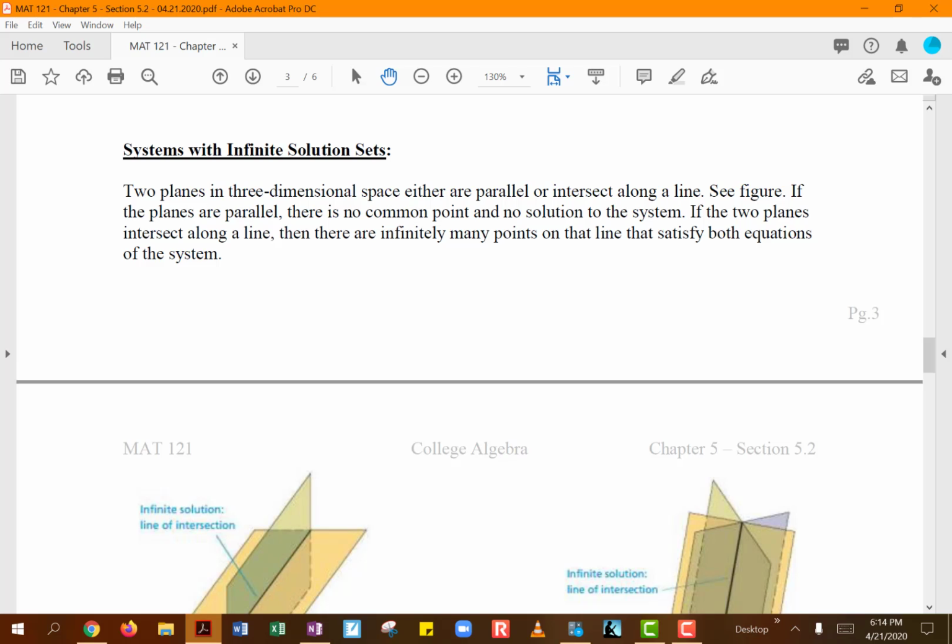Since these are planes, and not lines, or like I said, think of them as pieces of paper, when they intersect each other, that intersection is actually going to form a line. So like I said, two planes in three dimensions will either be parallel or they intersect along a line.